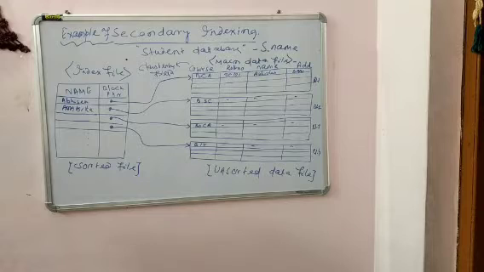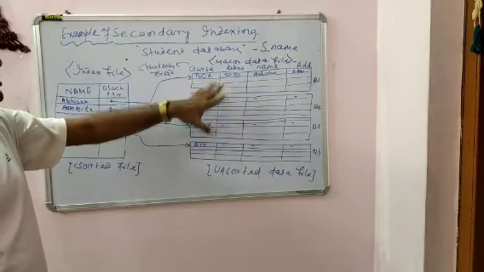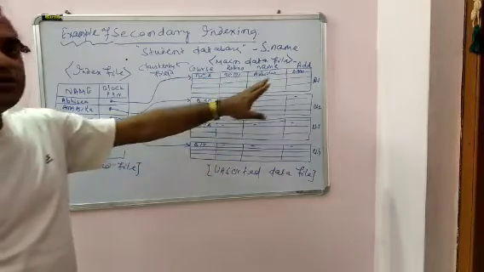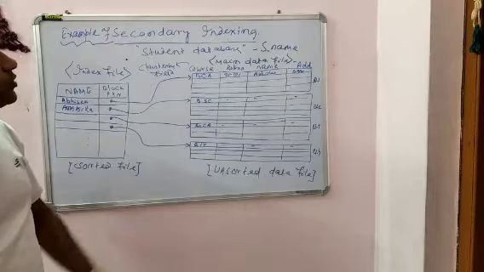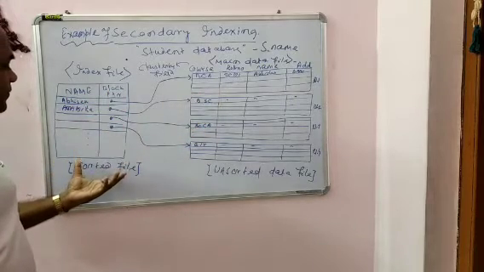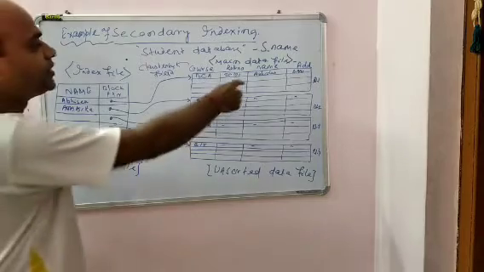In this example, we are storing all records according to the course field. Our requirement is to search according to name. So an index file is created according to this name.